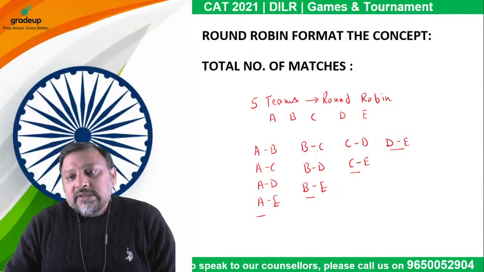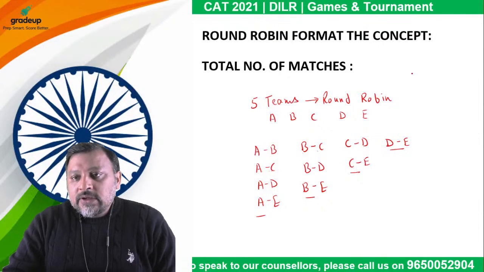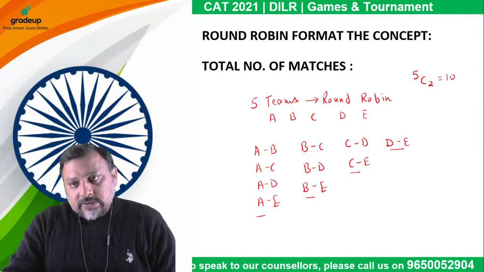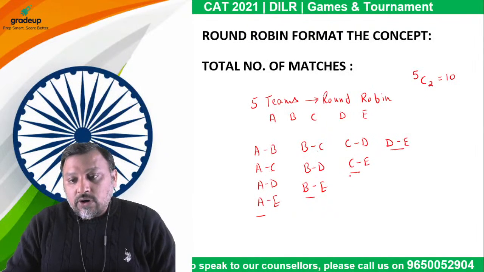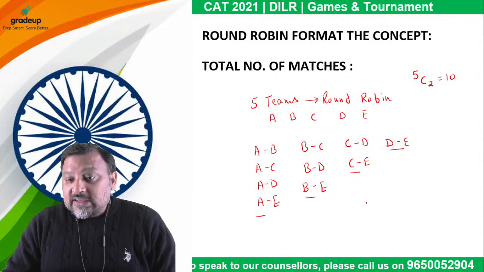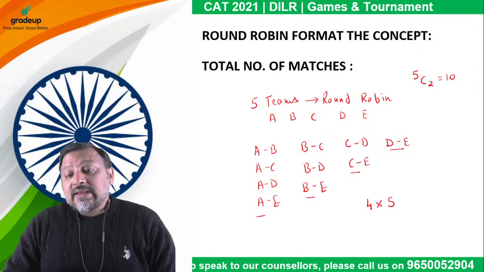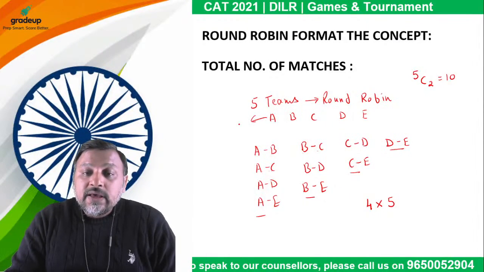What we can do is either I can apply the basic concepts of combination, that is there are 5 teams, you need 2 teams to play a match, so it is 5C2 which is 10. Or we can do this logically, that if there are 5 teams, each team will play 4 matches, and there are 5 teams, so it is 4 into 5. But here each match is being counted twice, because I am saying A will play 4 matches.